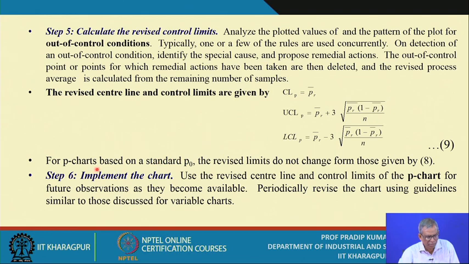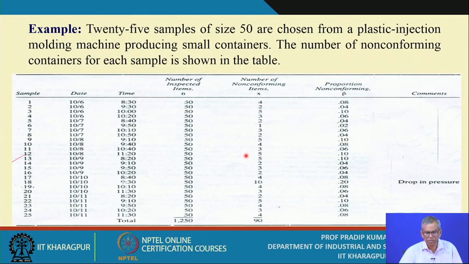So for P charts based on a standard P0, the revised limits do not change from those given by 8, obviously, because you don't need to collect data. So you just construct the control chart with the standard and you start using it. And then you have to implement the chart.